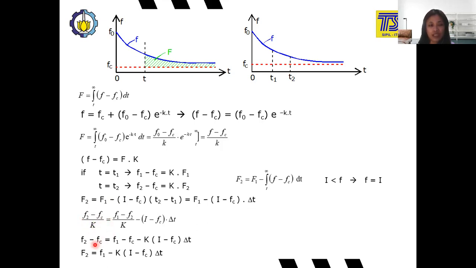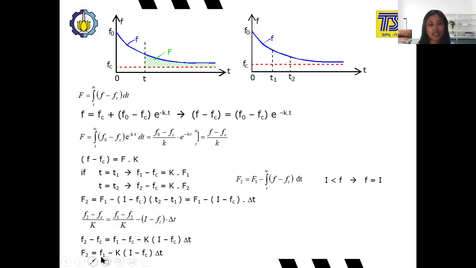And then we can elaborate this equation again using f2 minus fc equals f1 minus fc. We move k, so we multiply with the k here.